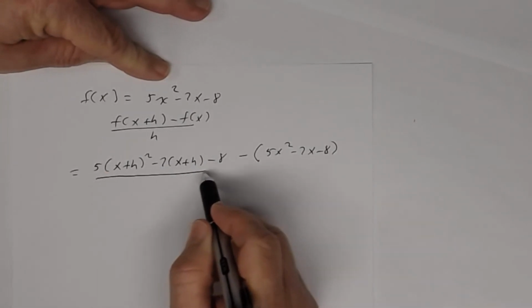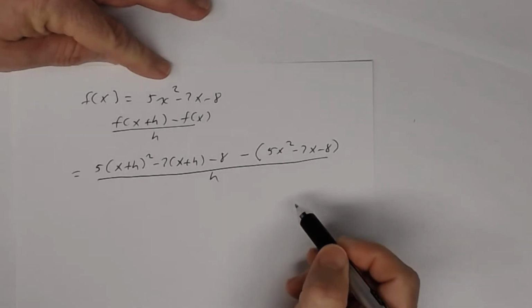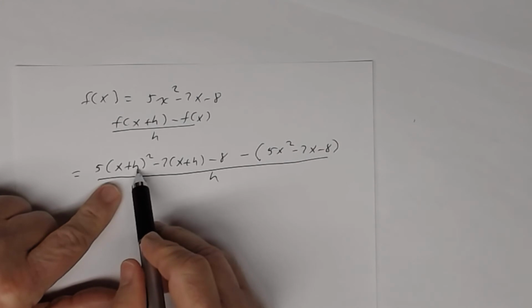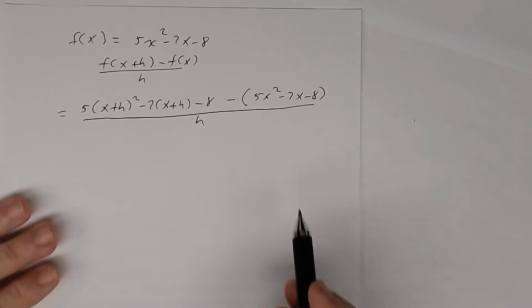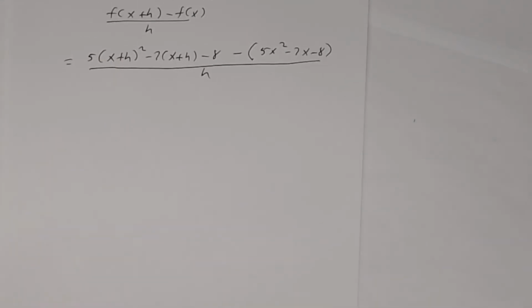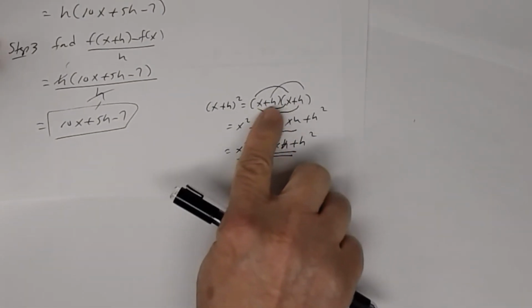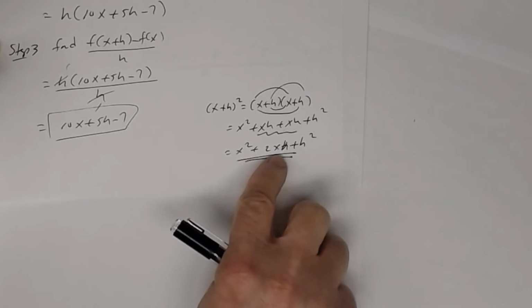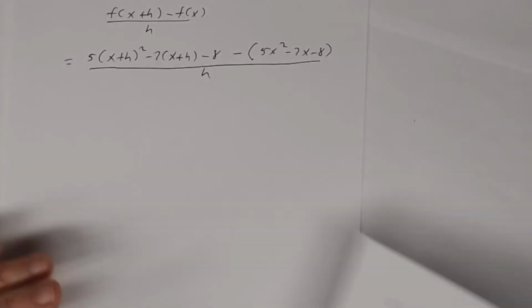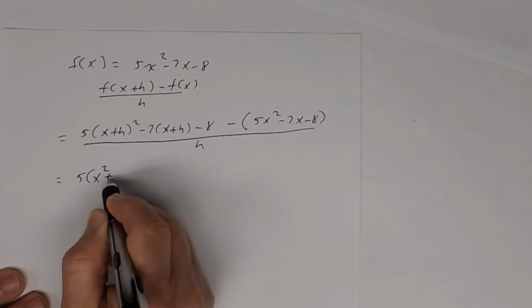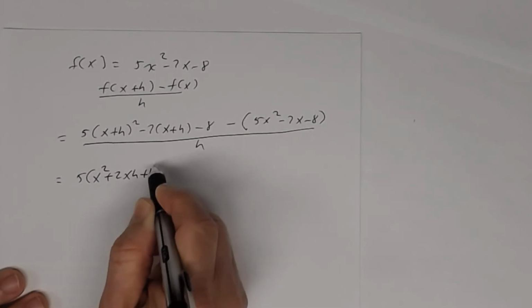All of that, though, as I'm saying, you better say divide by h. Okay? All right, so now you got to do some work again. So you got to figure out what this is, which you already know, right? So remember, x plus h squared, when you work it out, is going to be x squared plus 2xh plus h squared. All right, so that becomes 5 times x squared plus 2xh plus h squared.